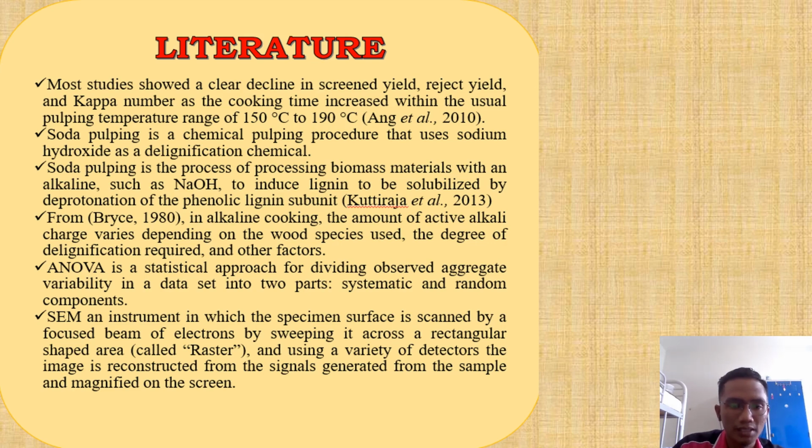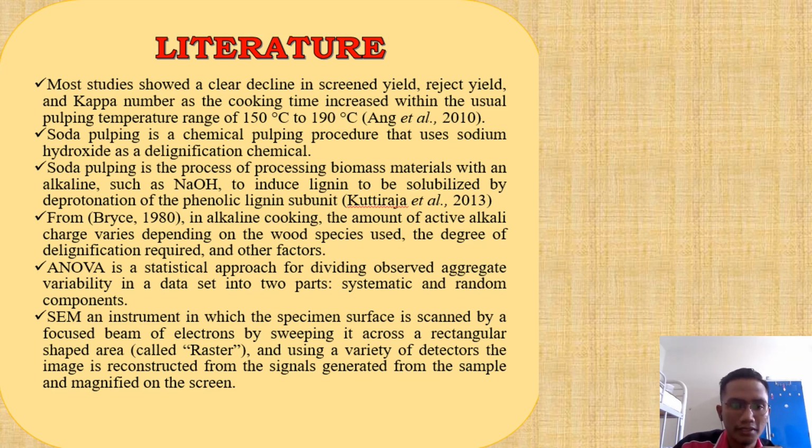Soda pulping is a chemical pulping procedure that uses sodium hydroxide as a delignification chemical. According to Kutiraja 2013, soda pulping is the process of processing biomass materials with an alkaline such as NaOH to induce lignin to be solubilized by deprotonation of the phenolic lignin subunit.